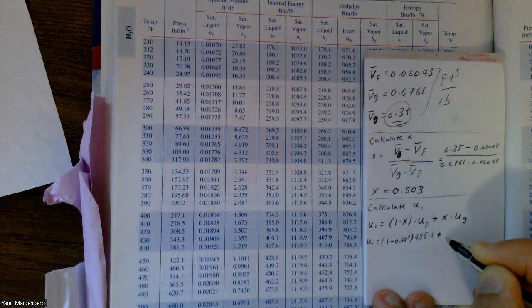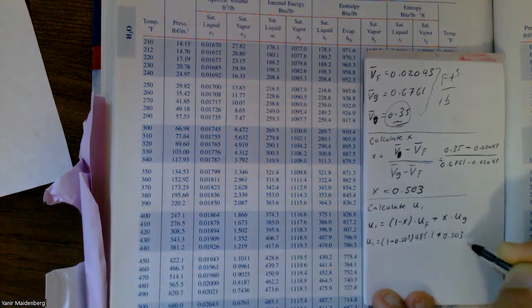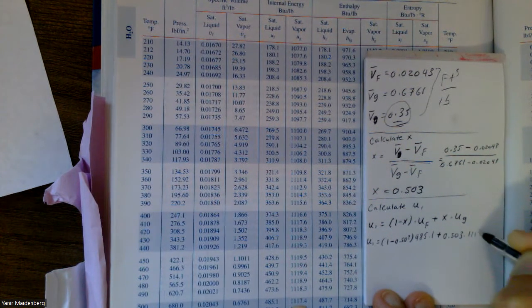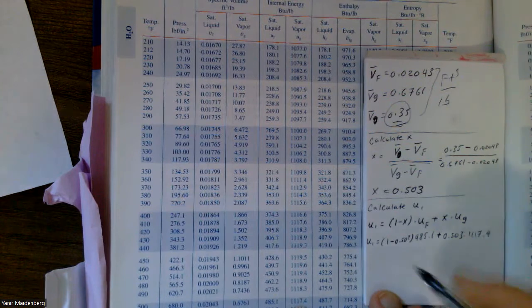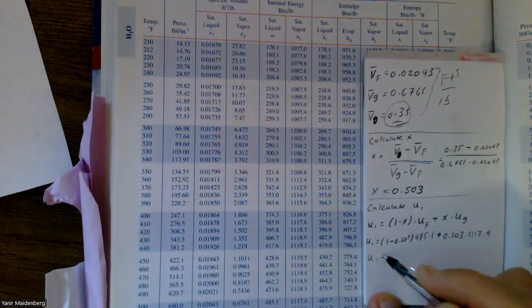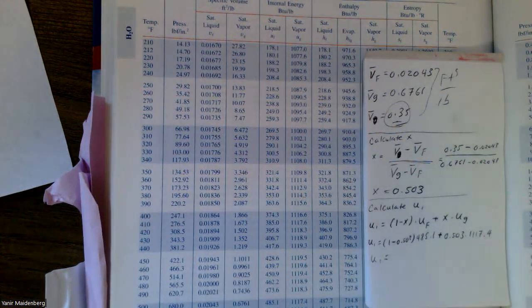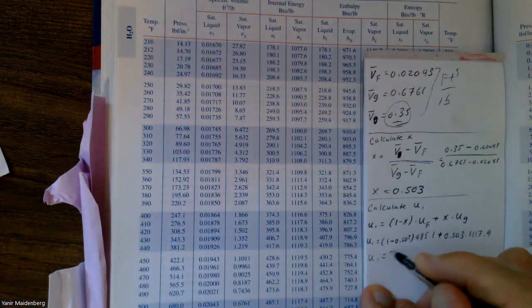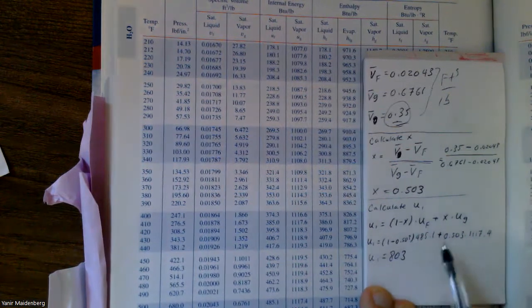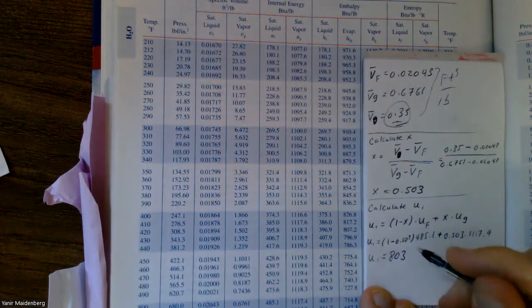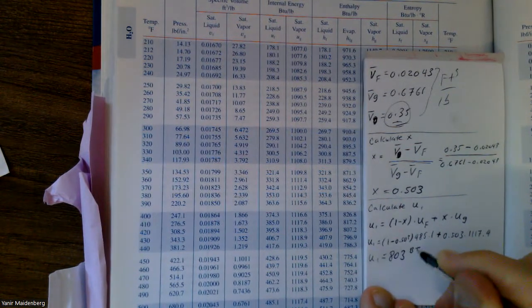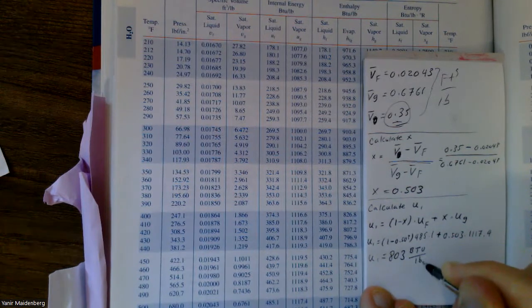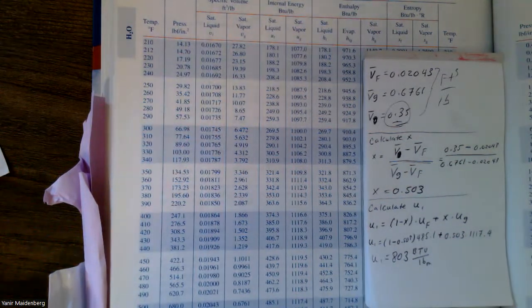Plus 0.503 times the U of the gas, 1117.4. You punch that into the calculator and you find that U1 is 803. I'm going to bring back the units: BTU per pound mass. Okay, so that's great.